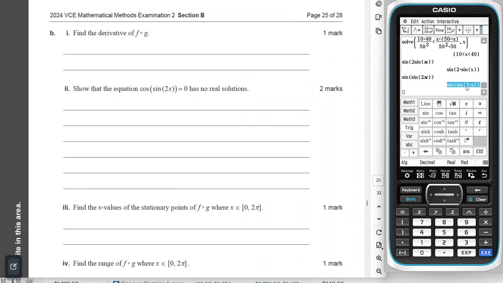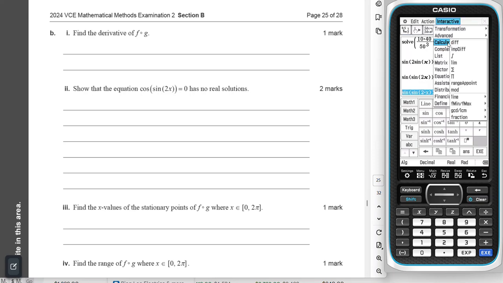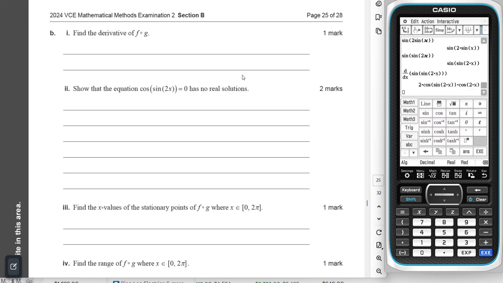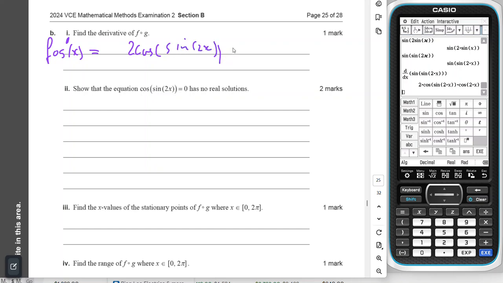So if I take that and take its derivative, and I can write that to equal, so the derivative of f of g of x is equal to 2 cos of sine of 2x cos of 2x.